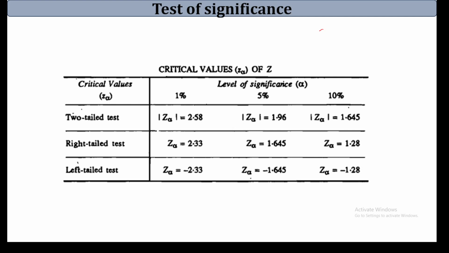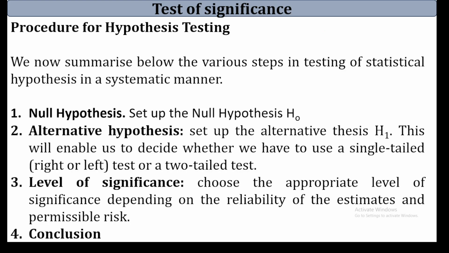Based on this, for the two tail, right tail and left tail tests, you get the Z value, for the T test the T value, and for the F test the F value. The procedure is: first define the null hypothesis and the alternative hypothesis. Then calculate the statistic, which is different for the T test and the F test. Then, based on the level of significance, get the tabulated value of Z, T or F. If the calculated value is more than the tabulated value, we reject the null hypothesis; if it is less, we accept it.